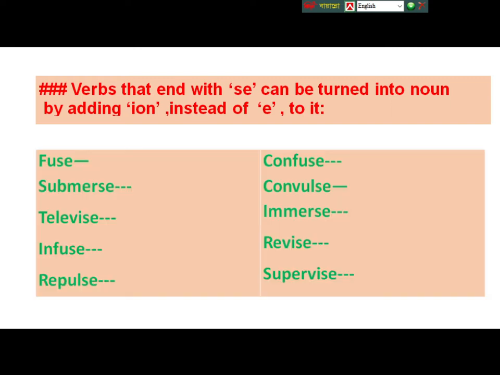Take a look at the words. All the words end with se: fuse, submerge, televise, infuse, repulse, confuse, convulse, immerse, revise, supervise. Now let's have the answers of all the words.